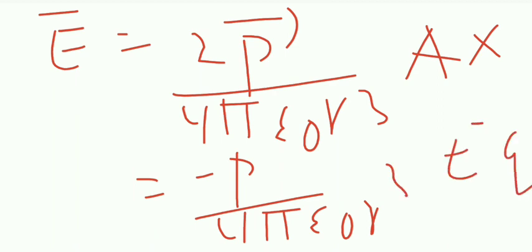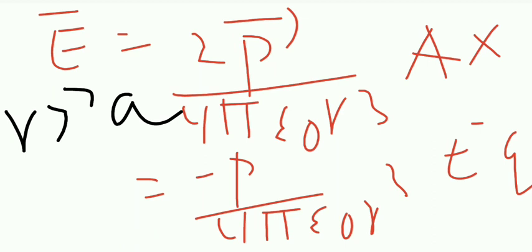These two equations we derived with the assumption that r is far greater than a. What is r? The distance between the center of the dipole and the field point, whereas a is the distance between the center of the dipole and the charge. With this assumption only we have derived these two equations.